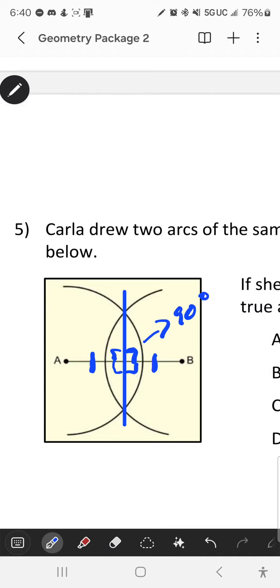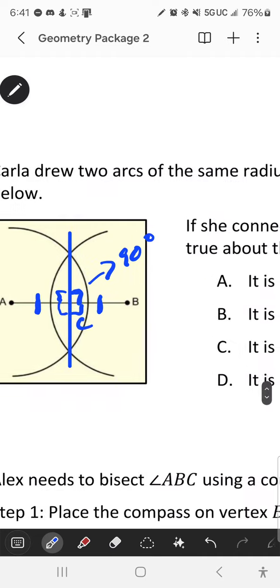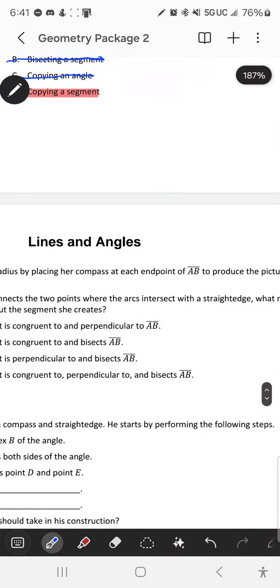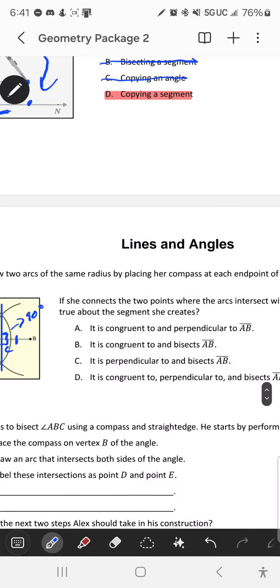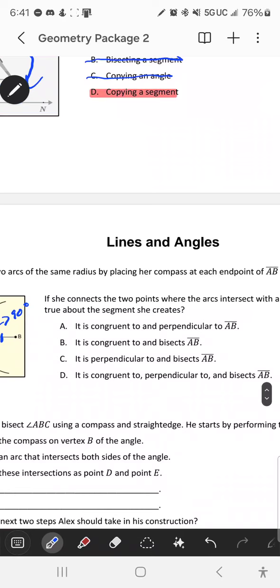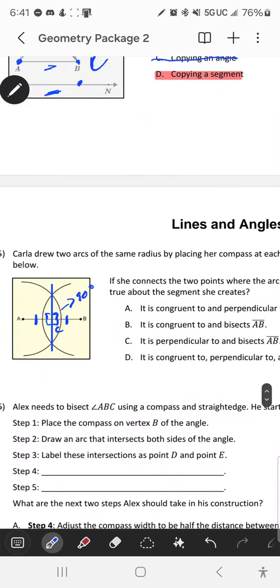And let's say AC is equal to BC. Now, what must be true about the segments she creates? Okay, it is congruent to and perpendicular to AB.